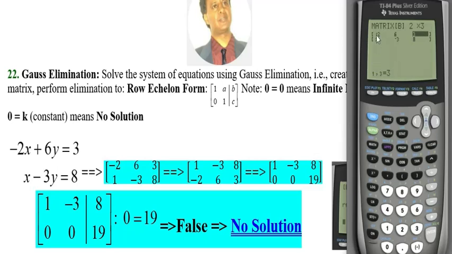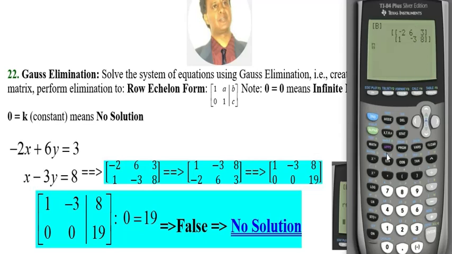Okay, let's make sure our entries are correct. Minus 2, 1, 6, minus 3, 3, 8. So second quit, second matrix B, hit enter, so that is minus 2, 1, 6, minus 3, 3, 8.